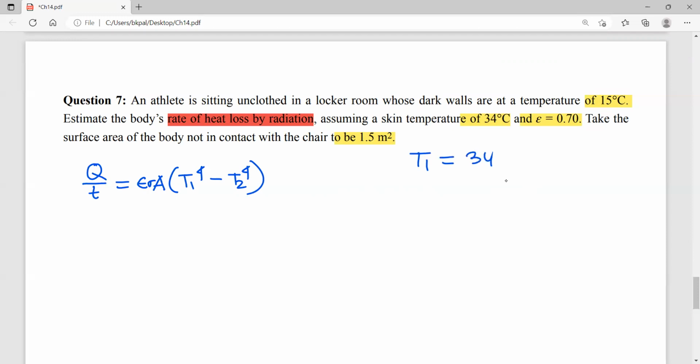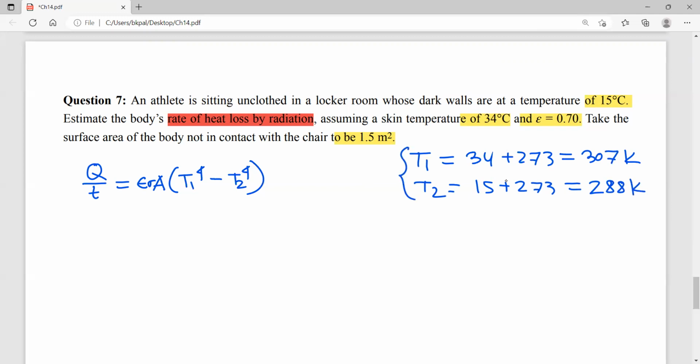So 34 plus 273, and that is equal to 307 Kelvin. T2 is 15 plus 273 is 288 Kelvin. Okay, so that is very important.